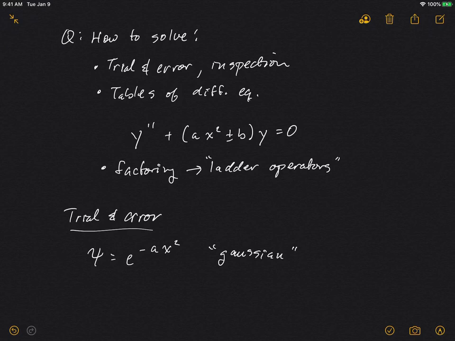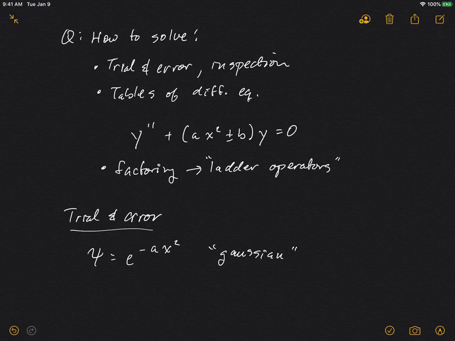It has to do with Carl Gauss's probability distribution function that helped start the modern era of statistics. And yes, this Gaussian function shows up in Gaussian blurs in Photoshop and things like that, various filters. But this Gaussian function is going to be our trial function.